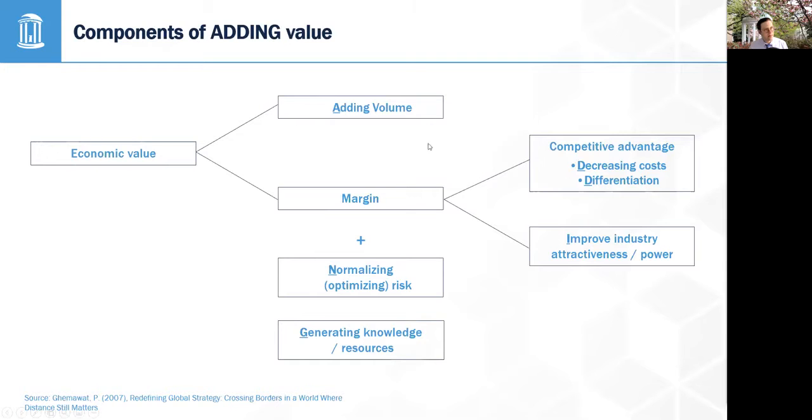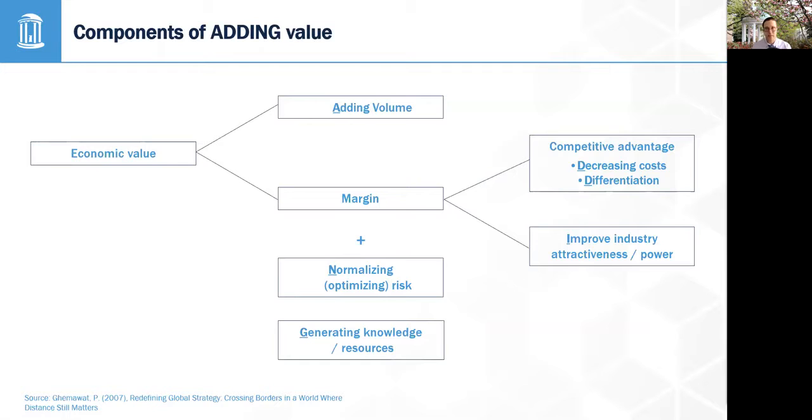The next 3 levers all fit within the domain of margin. Just as with competitive advantage, you can use global corporate scope to decrease costs or increase willingness to pay through differentiation. So either of those can be used to create value through corporate scope. Often that might come through arbitrage, for example.